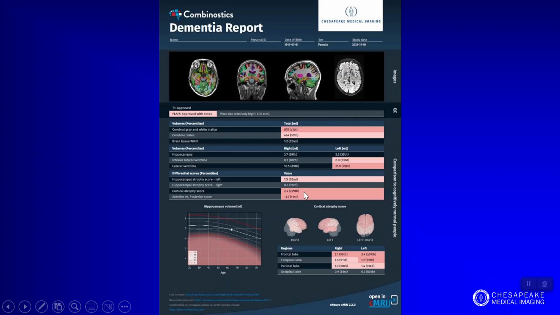And then we can also calculate these other scores. So for example, the hippocampal atrophy score, the hippocampal volumes you see here, and you can see that the hippocampal atrophy score is more significantly abnormal than the hippocampal volumes in this patient.